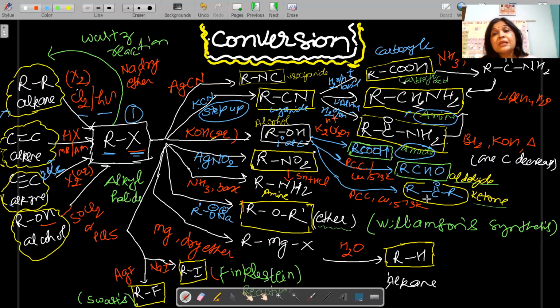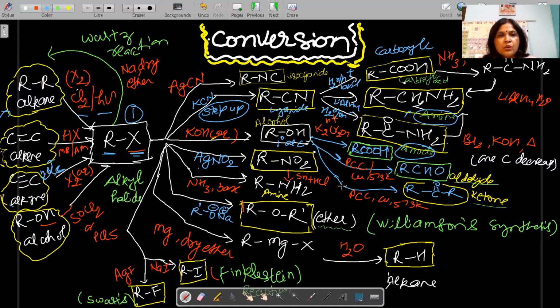And ketone is not easily oxidized into carboxylic acid. So from primary alcohol we can get carboxylic acid, but from secondary alcohol we can get ketone only, in presence of K2Cr2O7, PCC or copper at 573 Kelvin.